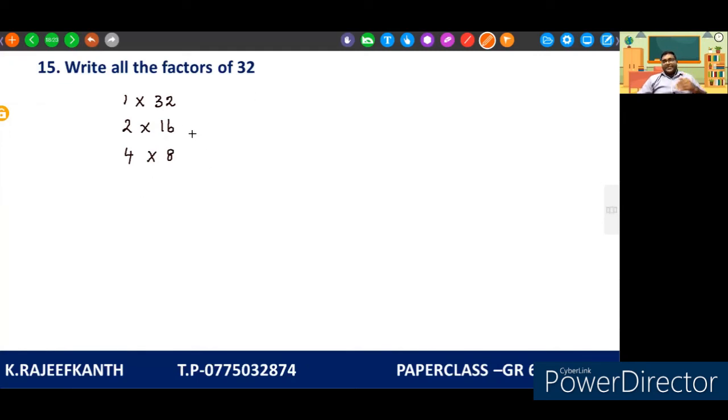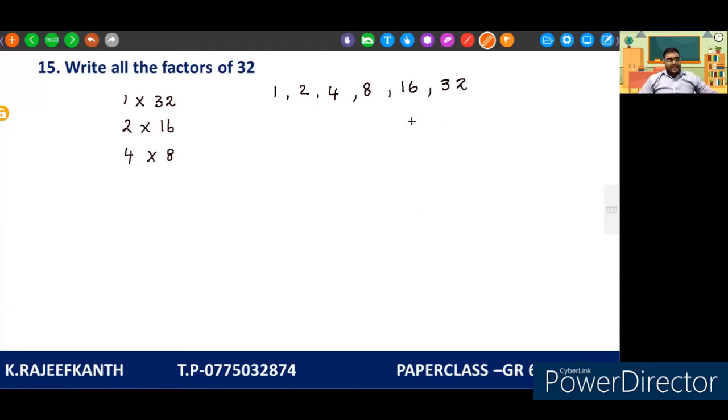So here I have written this 32 as a product of two numbers. Then these 1, 2, 4, 8, 16, 32 are the factors of 32. That means we can divide this 32 by 1, 2, 4, 8, 16 and 32.